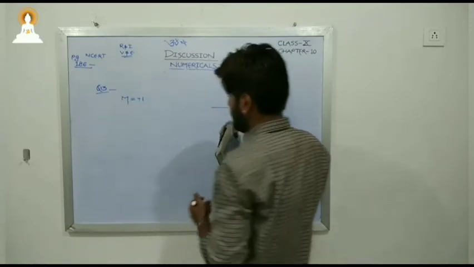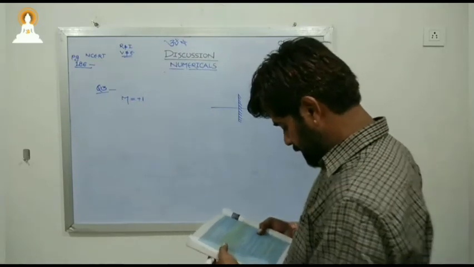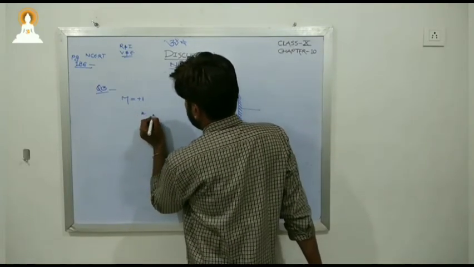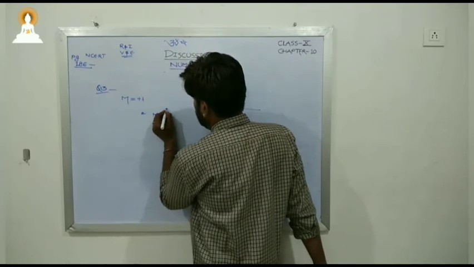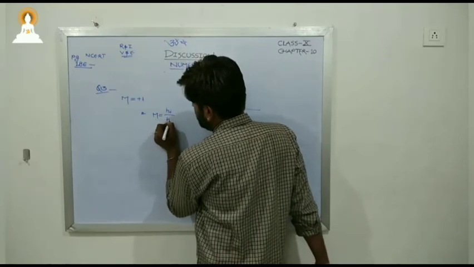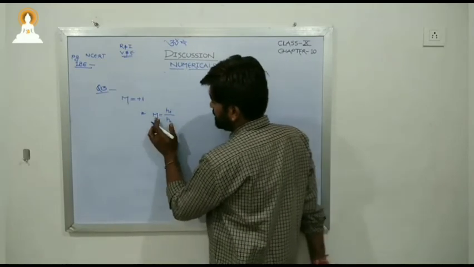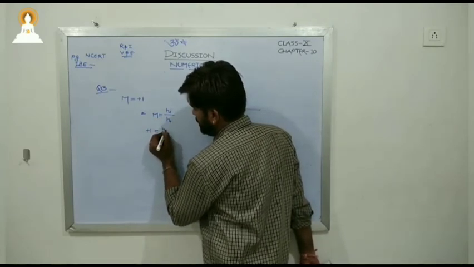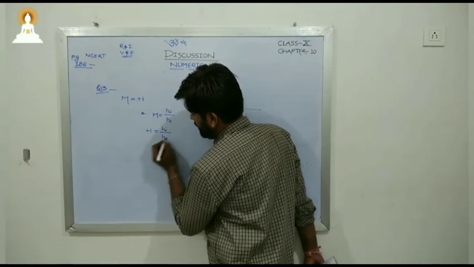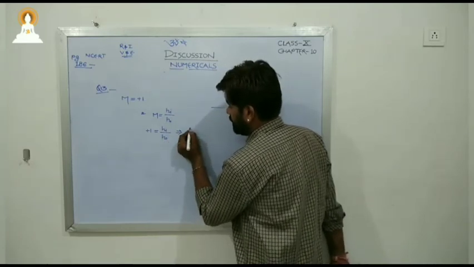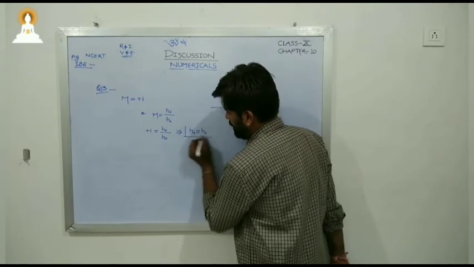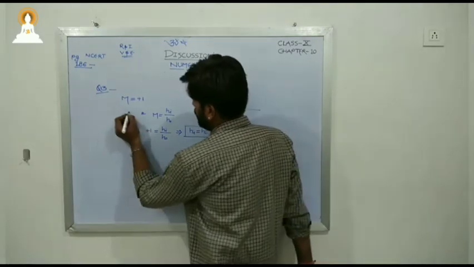Then what does it mean? First of all, we know that m is nothing but height of image upon height of object. If m is +1, then height of image upon height of object is 1. So finally, the first thing is that the height of image will be equal to the height of object. This is the first conclusion.